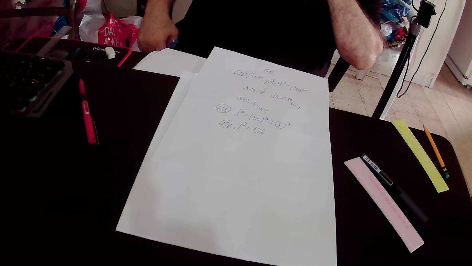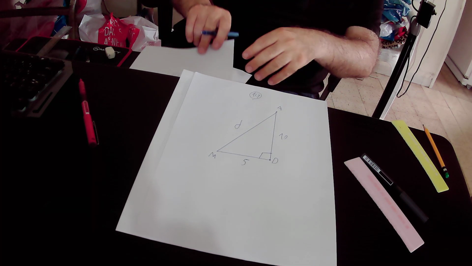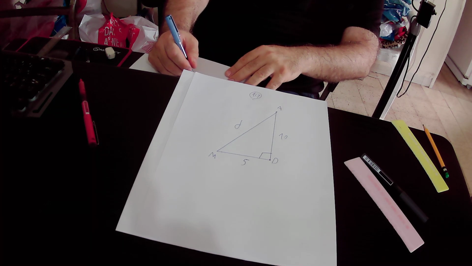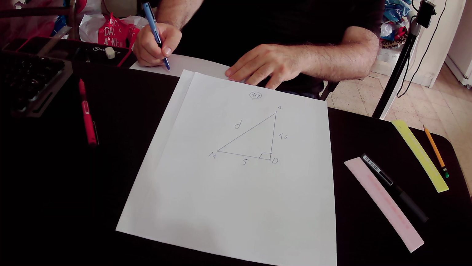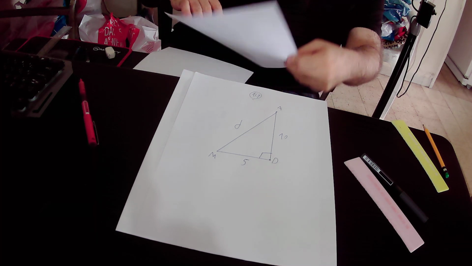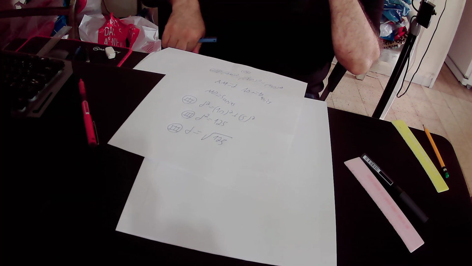Now we will take a root of equation number 3. So we got that d equals root of 125, but 125 equals 25 times 5, so I write it down.